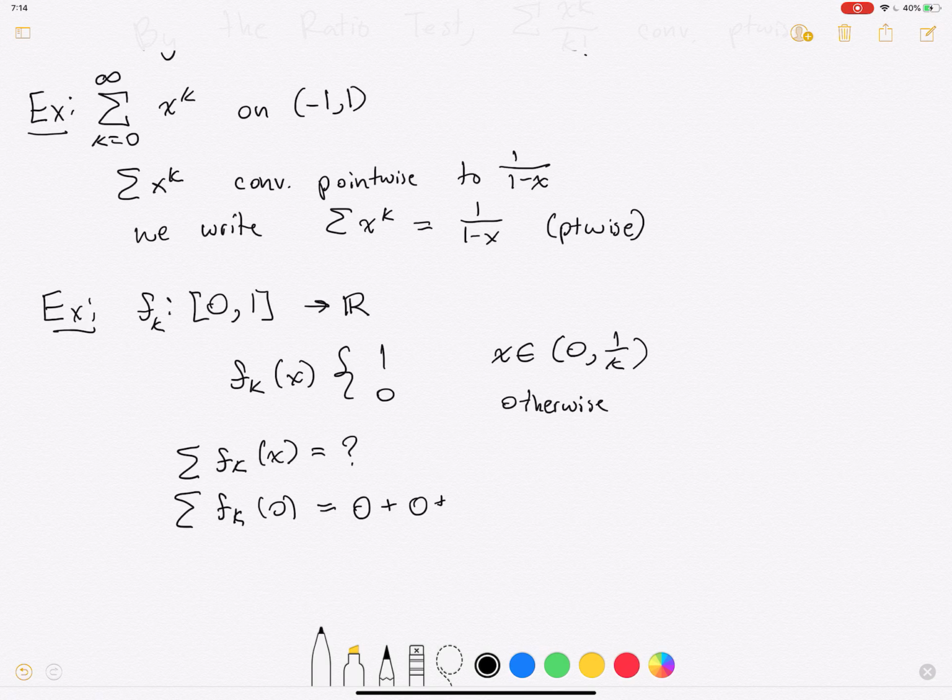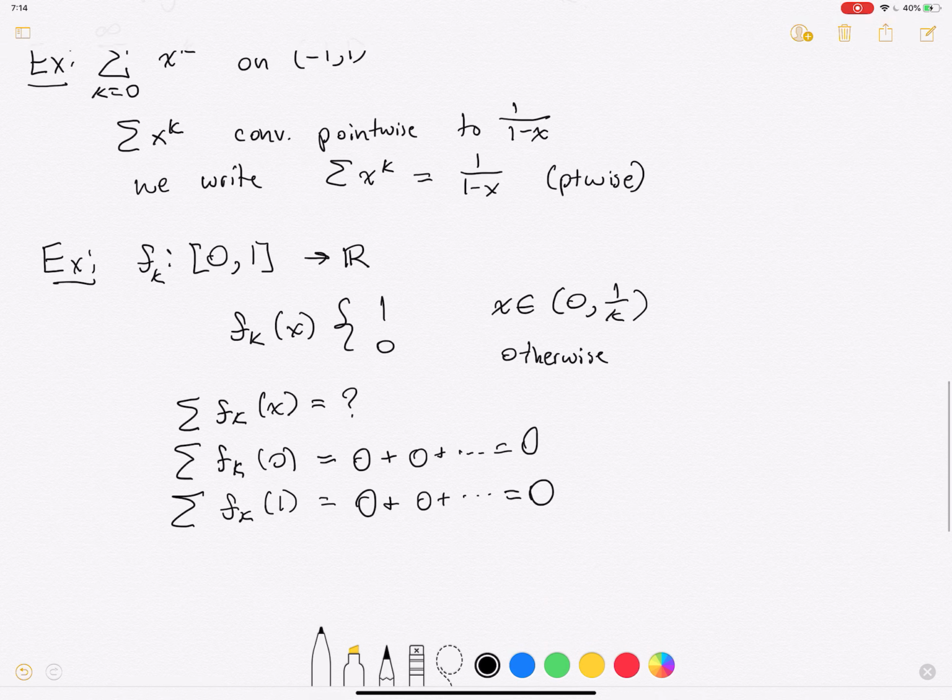And f_k(1) will also be outside of this interval, because that will never have 1 inside. So that is also 0.